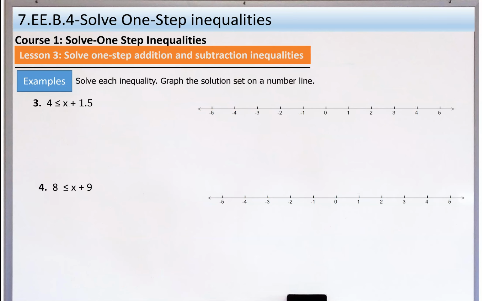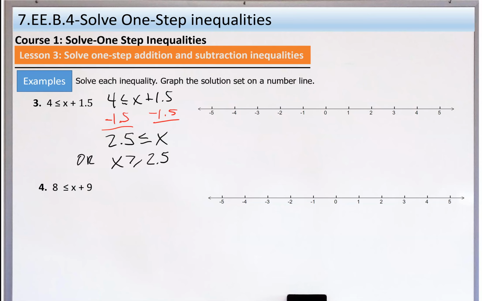All right, 4 is less than or equal to x plus 1 5/10. I'm going to subtract 1 5/10 from both sides. So I have 2 5/10 is less than or equal to x, which is the same thing as x is greater than or equal to 2 5/10.